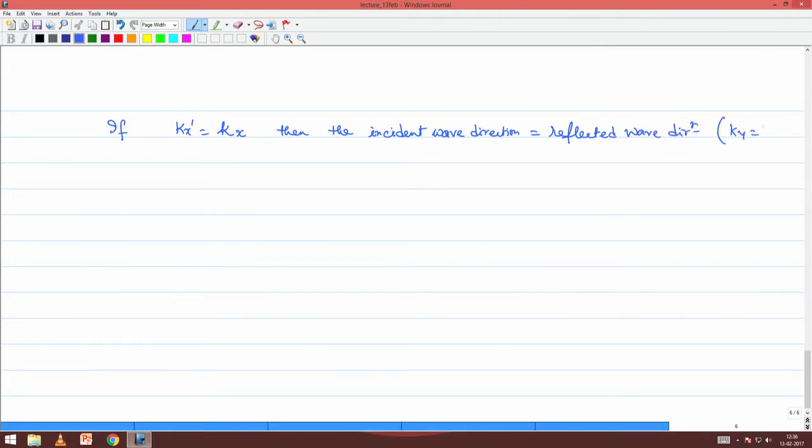Note that k y is already equal to k y prime. So, this is not possible. You are expecting a change in direction between the incident and the reflected wave, right. So, thus k x prime equals minus k x is the physically possible choice.